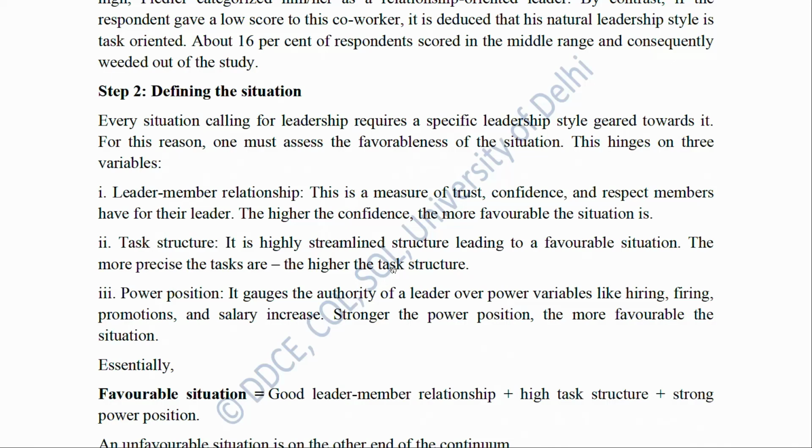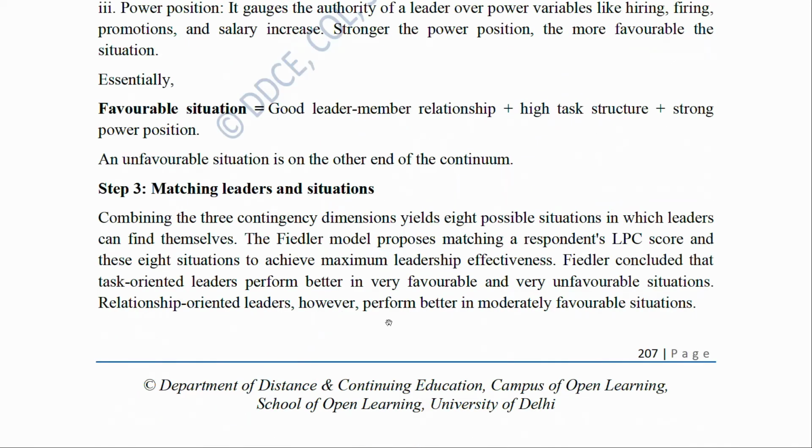The stronger the power position, the more favorable the situation. Essentially, a favorable situation is equal to good leader-member relationship plus high task structure plus strong power position. An unfavorable situation is on the other end of the continuum.